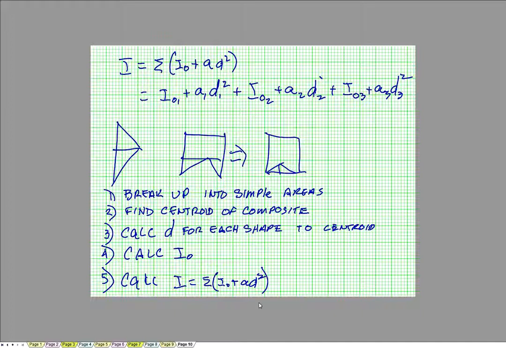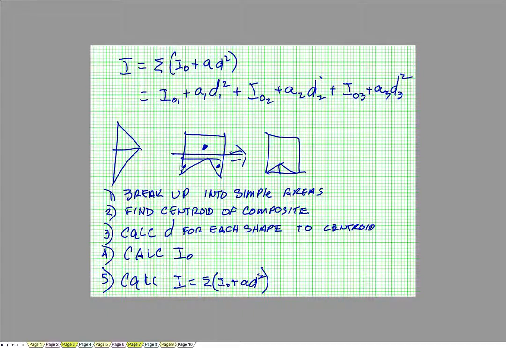If we're finding the centroid of a composite, why do we need to know the distance that each shape is from the centroid? Shouldn't there just be one centroid defined that we work on for a composite? Well, if we look at this over here, we know that, and we know that.